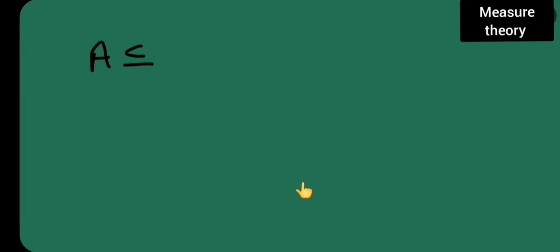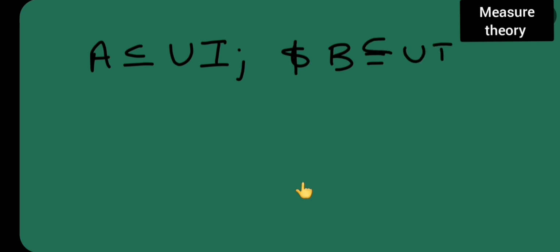A is a subset of the union of Ij and B is a subset of the union of Ik.